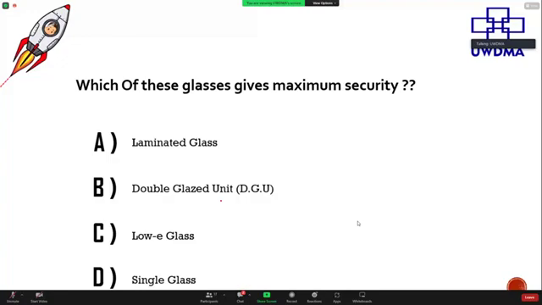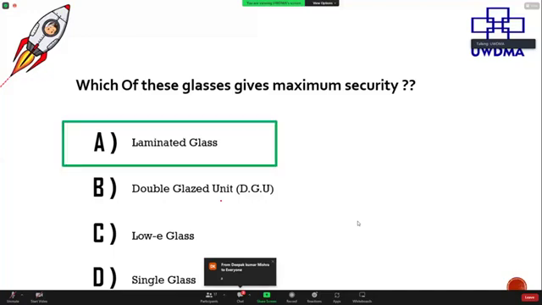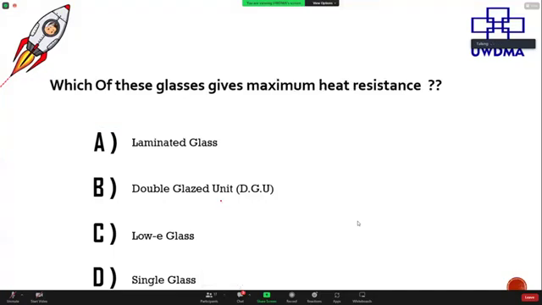Whereas in case of laminated glass, even if it is non-toughened, the pieces would be sticking on the PVB layer only. So it won't hurt you. So for safety and security, we are going for A.